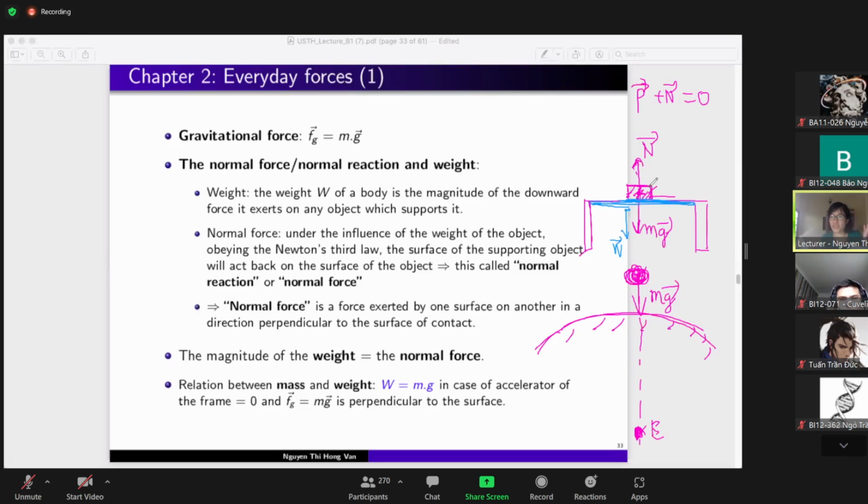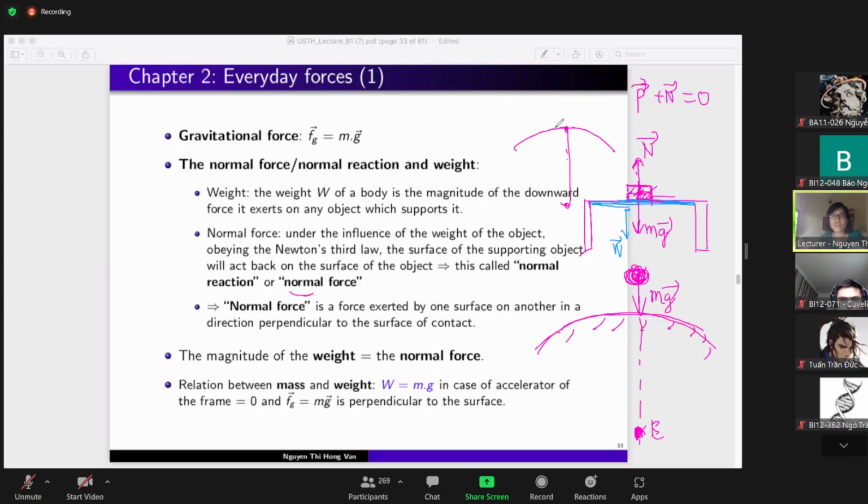Okay, and why is the name normal? This force has a direction perpendicular to the surface. Perpendicular to the surface. That is why the name is normal. Normal means perpendicular to the surface. So if your surface is not like this, but your surface is a curve, what is the direction of the normal force?